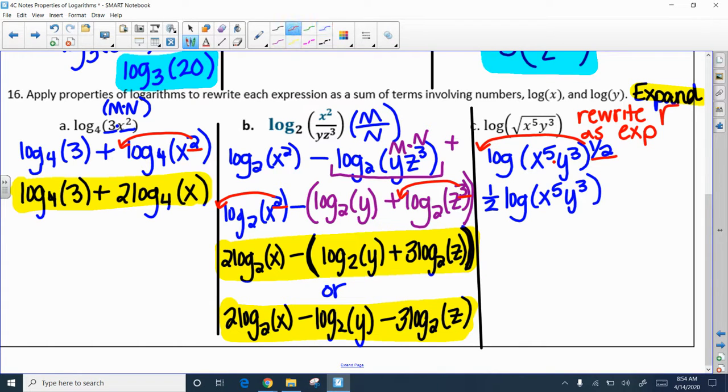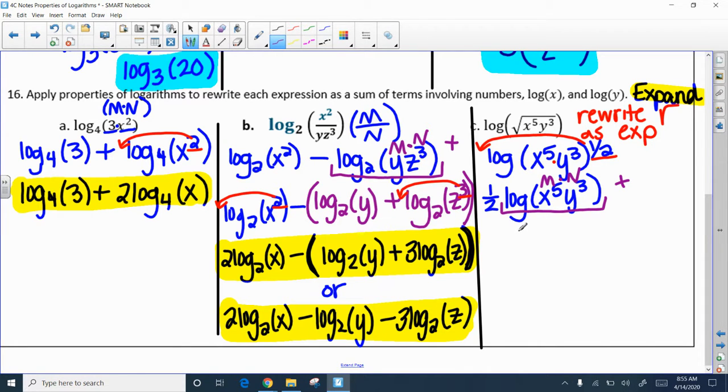Now I can keep going. So now this part is in the form log base b of m times n. So when I rewrite it, I can rewrite it as 2 logarithms with a plus in between. And as I said, when there's not a base written, it's the common logarithm. So this is a base of 10. So I don't have to write the base in.